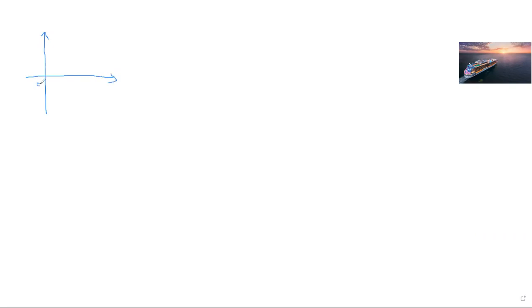We have 0, 1, this is a circle, and then 2 on the x axis, and that's y. That's considered 1, -1.